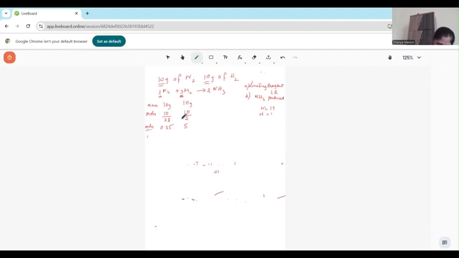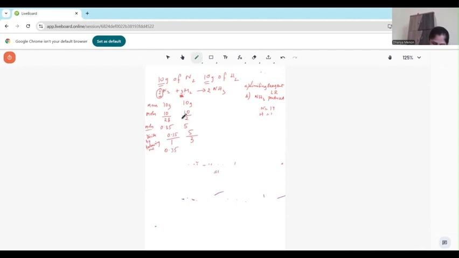Instead of coefficients, I'll write divide by the balancing numbers. Balancing number over here is 1. What's the balancing number for hydrogen? It's 3. Answer for this is 0.35. Answer for this is 1.66.